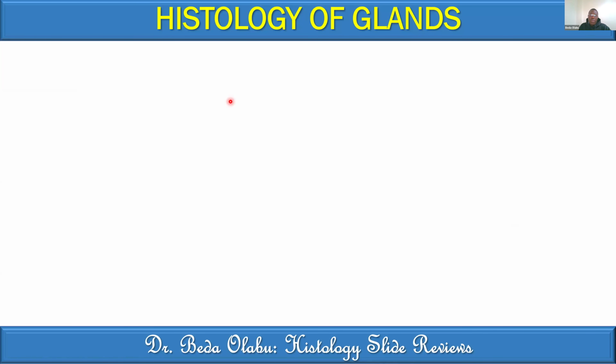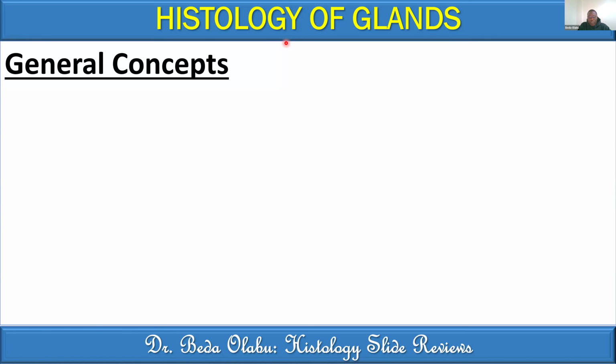Now, before we talk about histology of salivary glands, I thought it is important to bring to our attention some concepts that we look at histologically when we're describing glands. And I'll highlight key concepts which are relevant for this particular class.